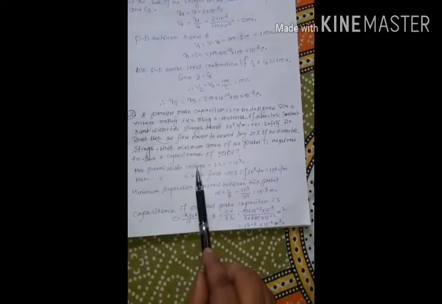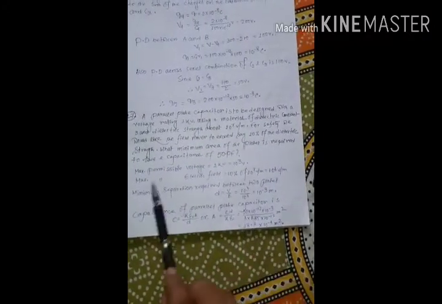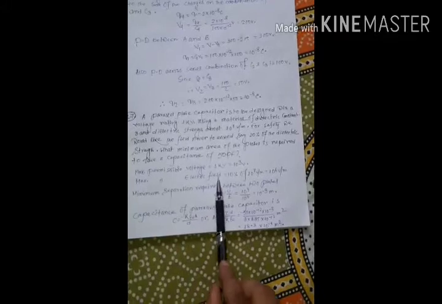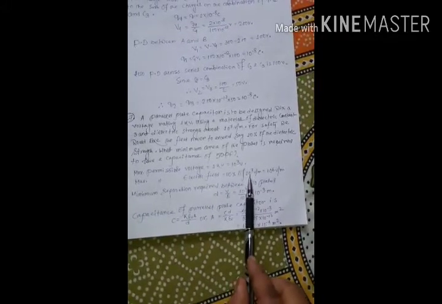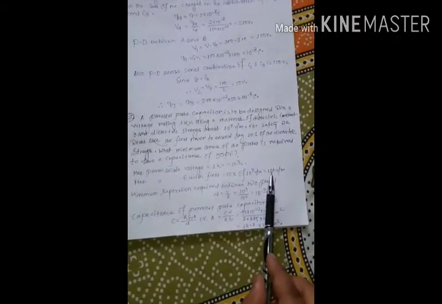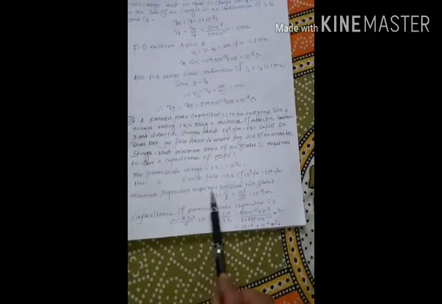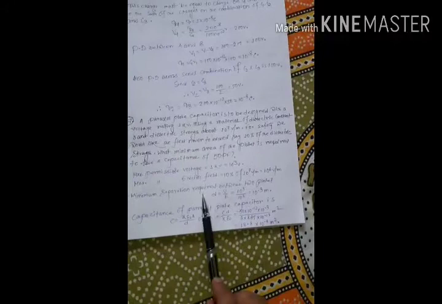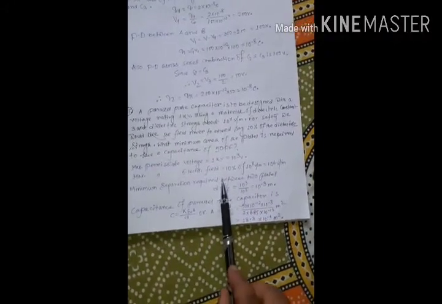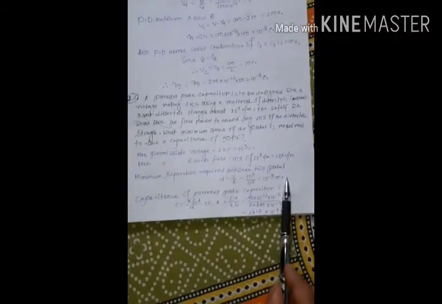Now see the solution. Maximum permissible voltage is 10 to the power 3 volt. Maximum permissible electric field is 10% of 10 to the power 7 volt per meter, that is 10 to the power 6 volt per meter. So the minimum separation required between the two plates is d equals V by E. By putting the values of V and E, we get 10 to the power minus 3 meter.